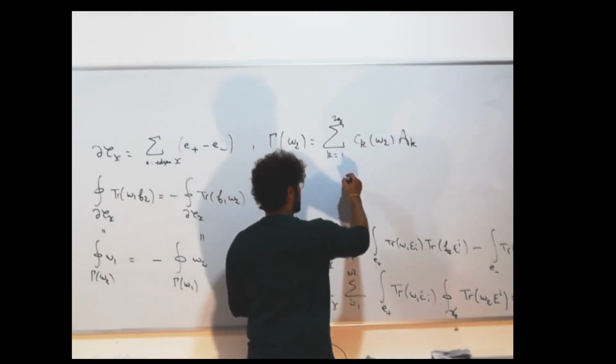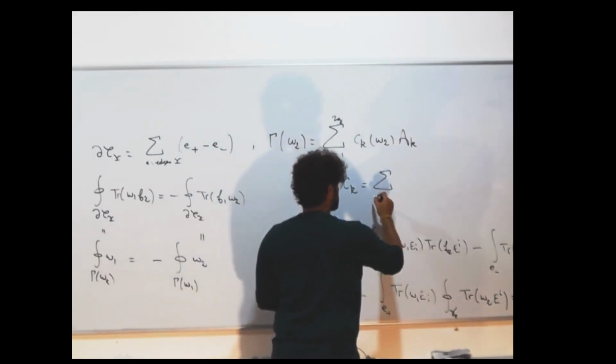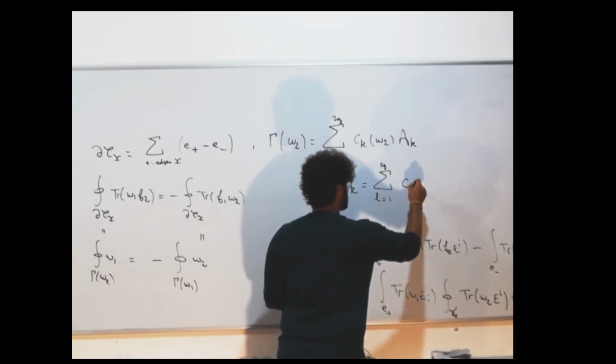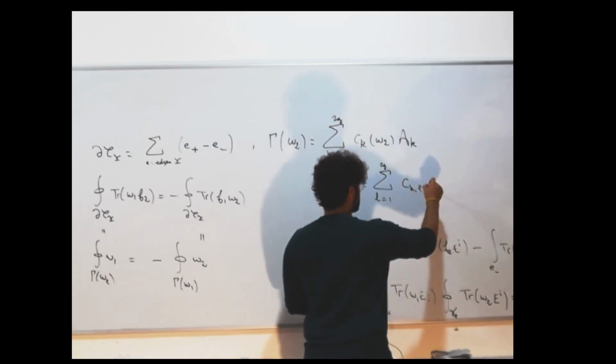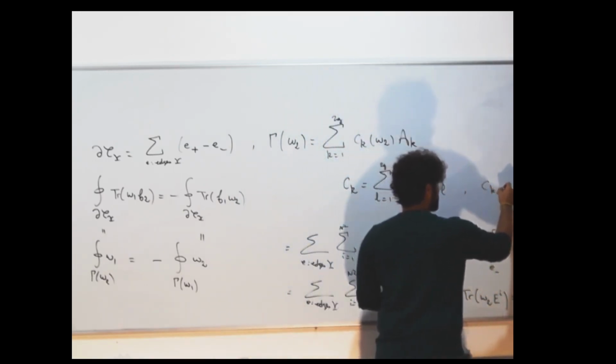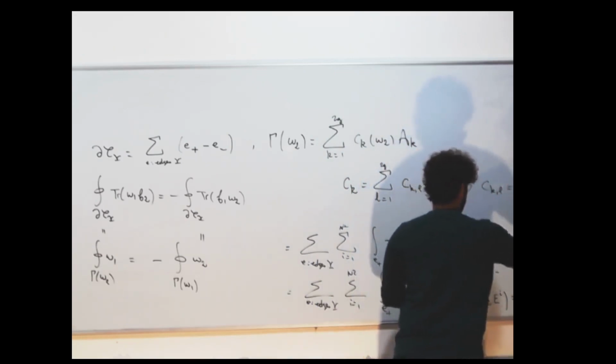So CK can now actually be decomposed as a sum over L from 1 to 2G of CK comma L, AL with CKL is minus CLK.